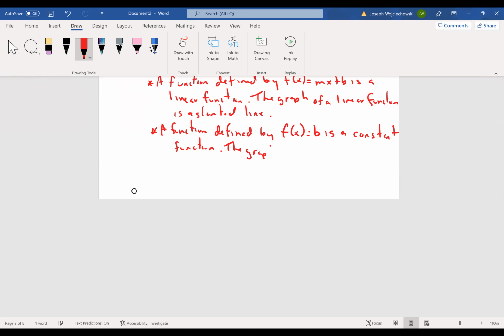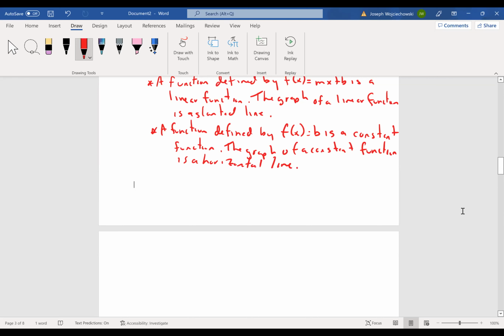The graph of a constant function is a horizontal line.